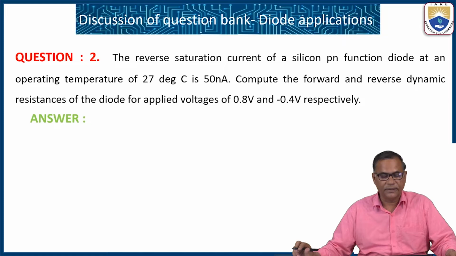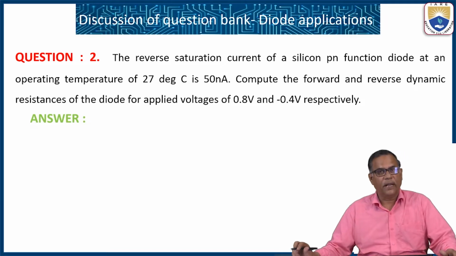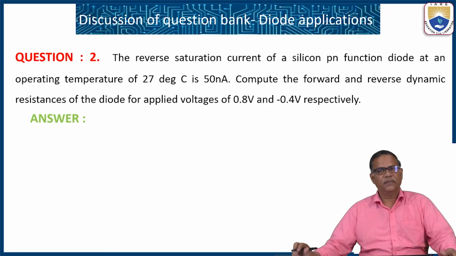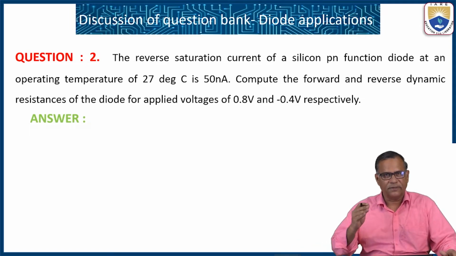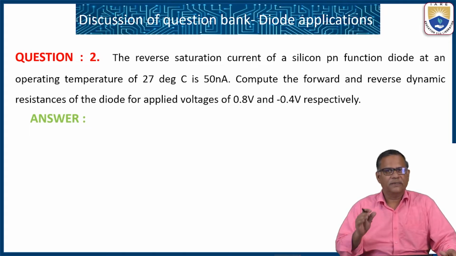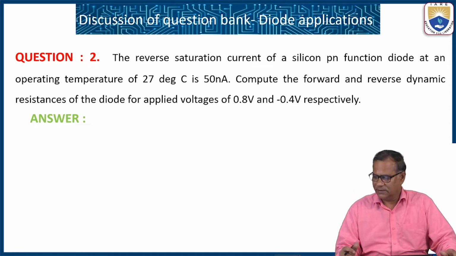Compute the forward and reverse dynamic resistances of the diode for applied voltages of 0.8 volts and minus 0.4 volts. So here you have to find out the dynamic resistances, and for 0.8 volts we get the forward dynamic resistance, and for minus 0.4 volts we get the reverse dynamic resistance. The forward dynamic resistance, naturally, will be less compared to the reverse dynamic resistance.